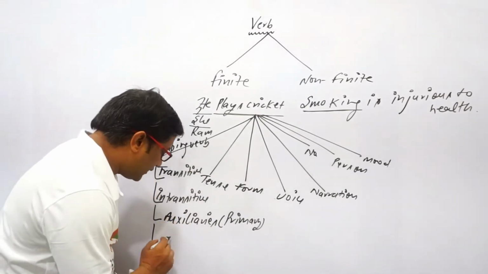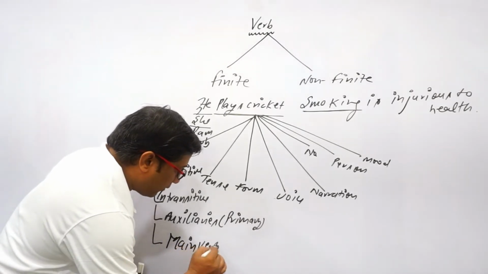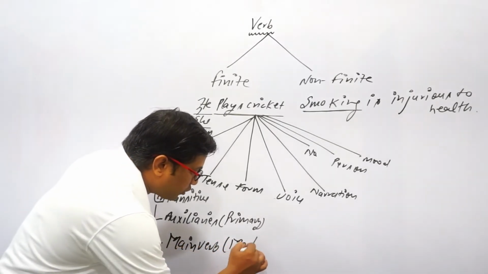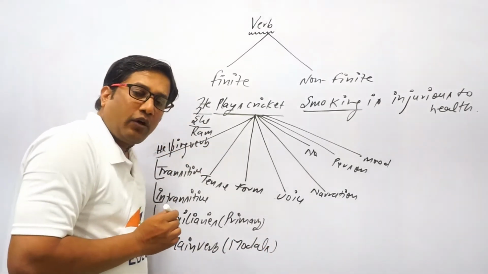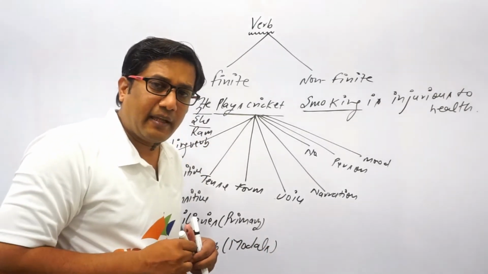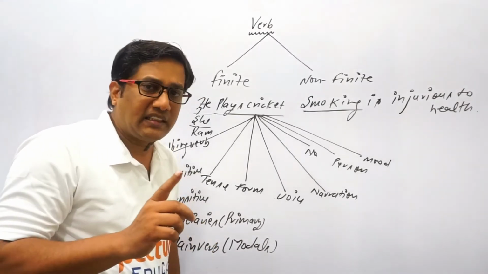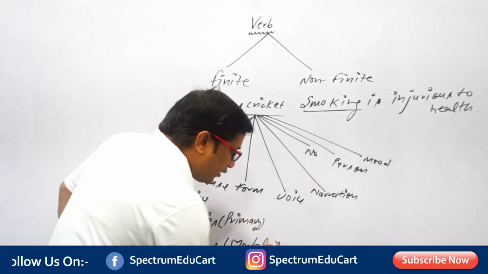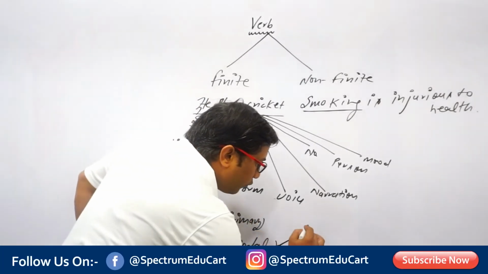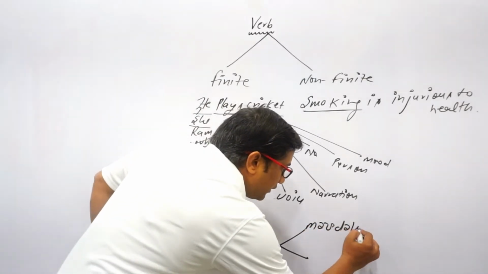Next one is main verb. So you also call it modals. There are some people who pronounce it as modals, but modals is not a pronunciation for it. There are only 2 pronunciations of it.